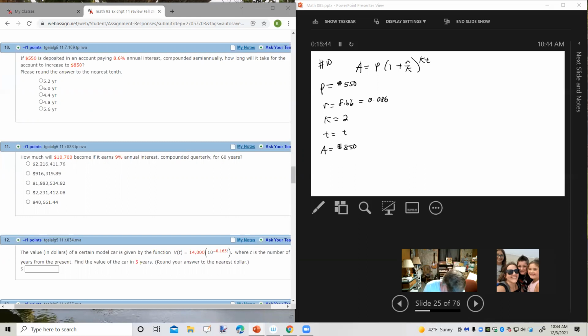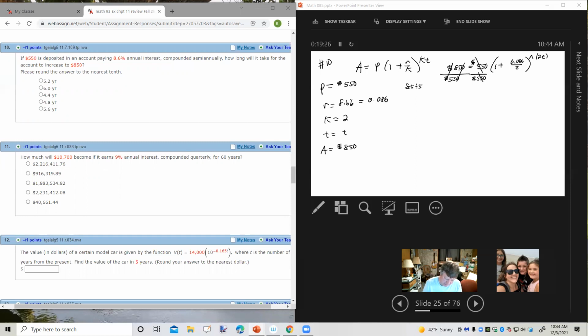All right. So $850 equals $550 times 1 plus 0.086 divided by 2, all to the 2t power. Okay. I need to isolate the exponential base, so I'm going to divide both sides by $550. That reduces out. Dollar signs go, the zeros go. I suppose I could take 85 divided by 5.